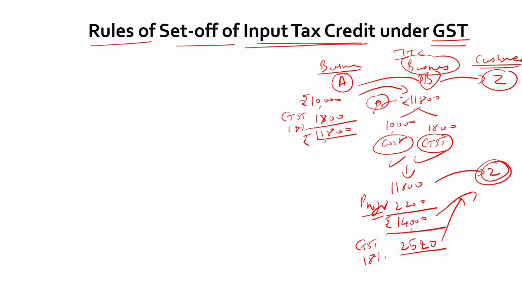So if we add 14,000 plus 2,520, the amount which will be paid by Mr. Z will be 16,520.